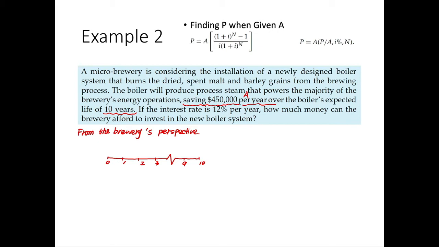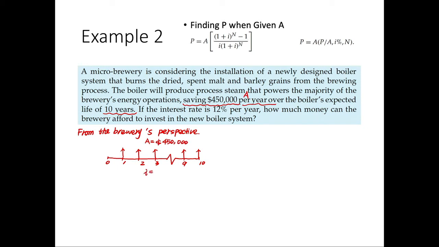Cash inflow. So the saving of the 450,000 per year, it should be the cash flow going upward. So you want to draw the same length of arrows for all the 10 periods. And then you write A equals to 450,000, right?